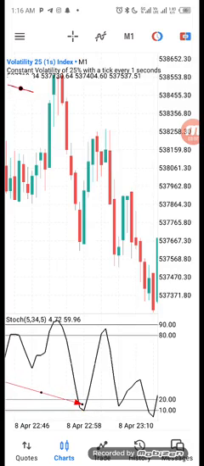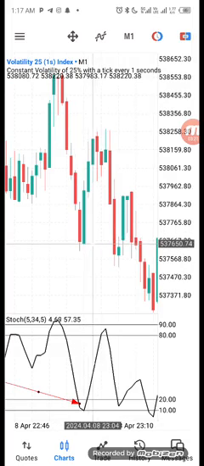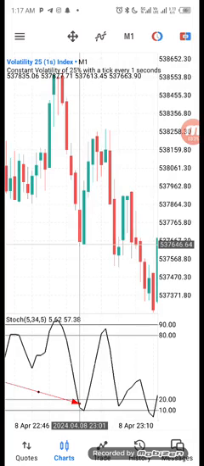Once you have it within that region, with the stochastic line posing around this region, you just go back to your main chart to check if there is any candlestick formation available within that region.